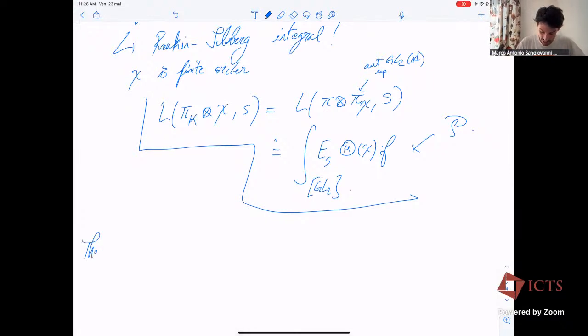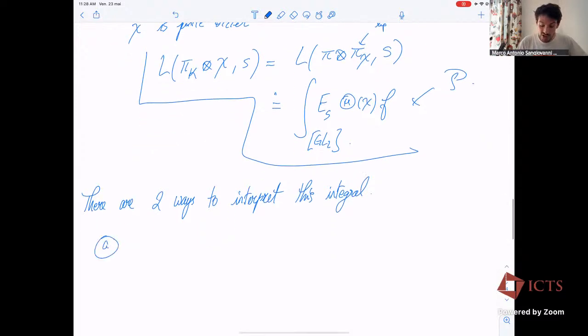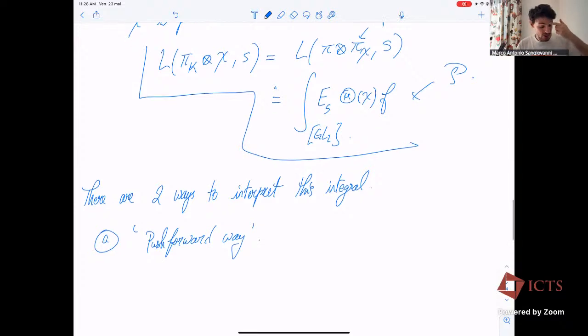So the first one is the push forward way. What does it mean? It's to just say that the degenerate automorphic form that appears in this integral is just the Eisenstein series.